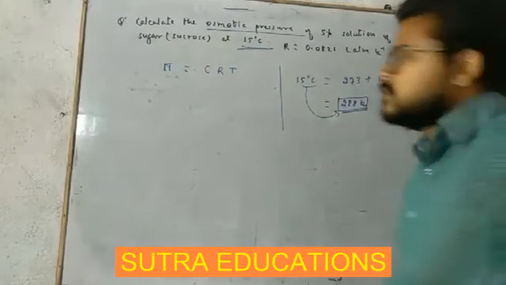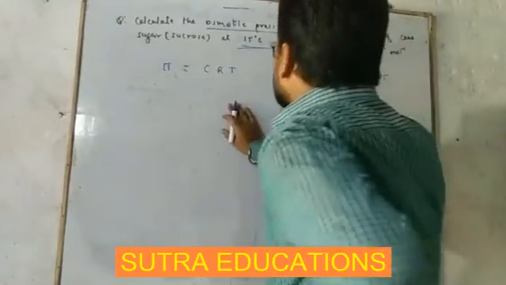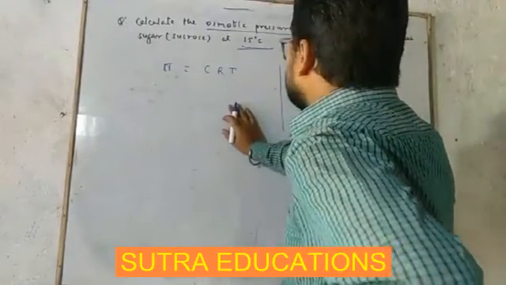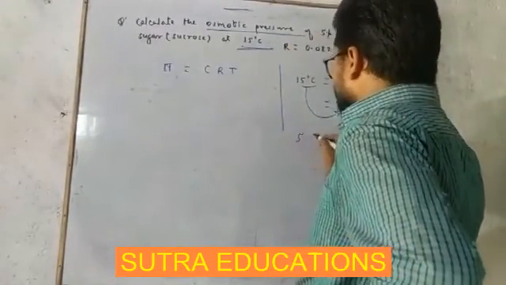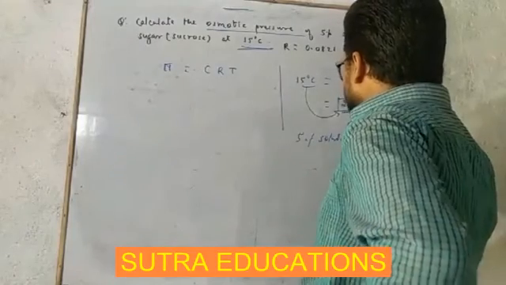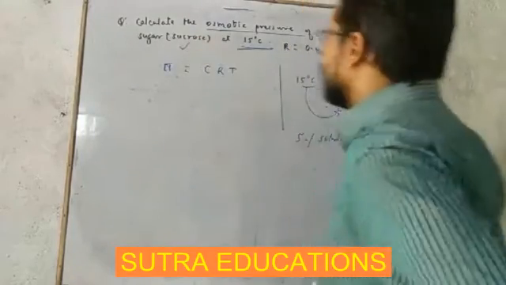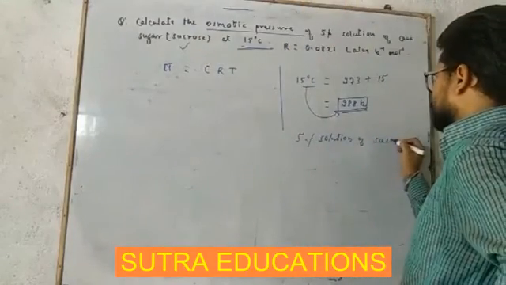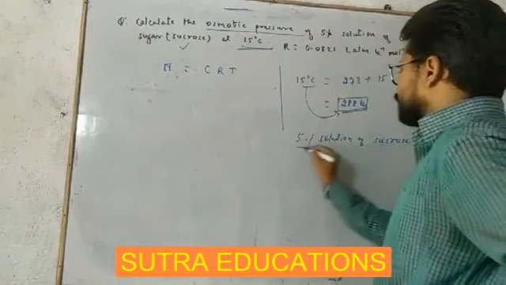Now calculate osmotic pressure pi of 5% solution of cane sugar. Cane sugar means sucrose.